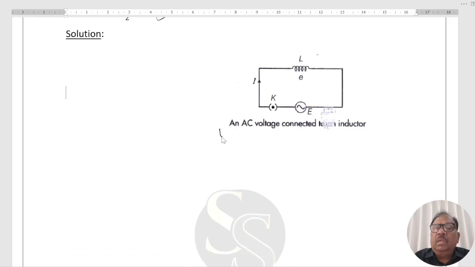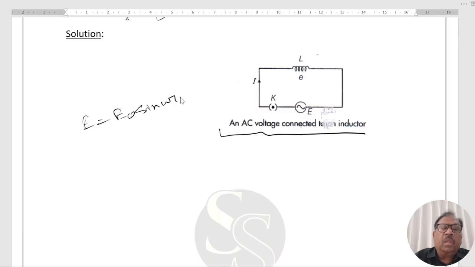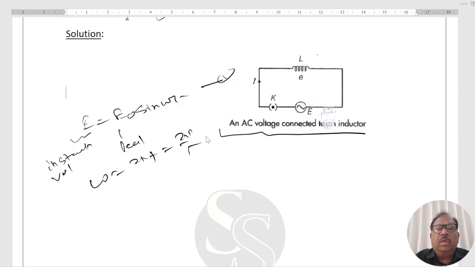Let the AC voltage connected across an inductor be E equal to E naught sine of omega t. This is equation 1. E is the instantaneous voltage and E naught is the peak voltage. Omega is 2 pi f equal to 2 pi by T. Standard values are there.